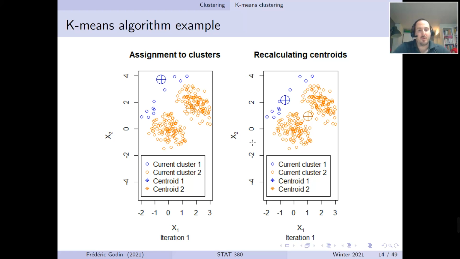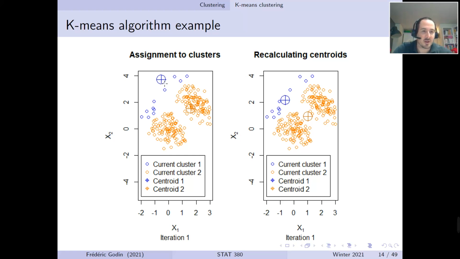Okay, so we start with the initialization, and for this we followed the approach outlined in the previous remark. Initially, 2 points were sampled completely randomly to act as centroids. Here cluster 1 will be the blue cluster and cluster 2 will be the orange cluster.